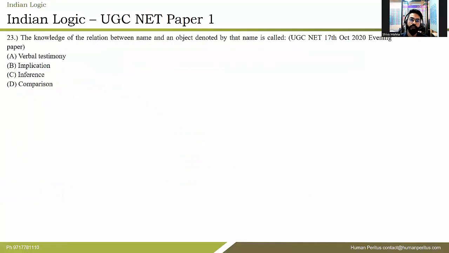Okay, next one. Knowledge of relation between name and its object denoted by that name is known as what? Verbal testimony, implication, inference, or comparison. It is comparison. Comparison talks about similarity. It is defined as that knowledge of relationship between a word and its characteristics or its denotations, right?